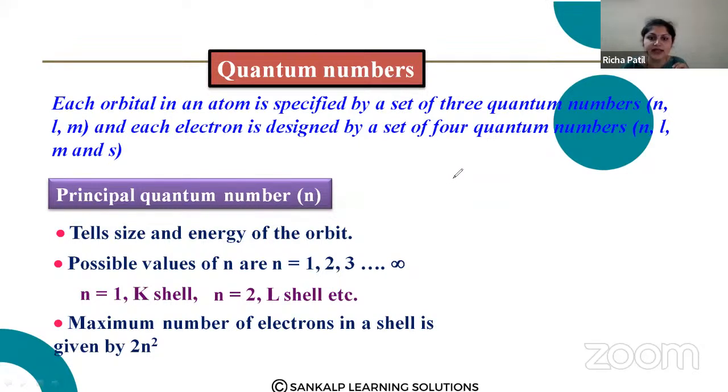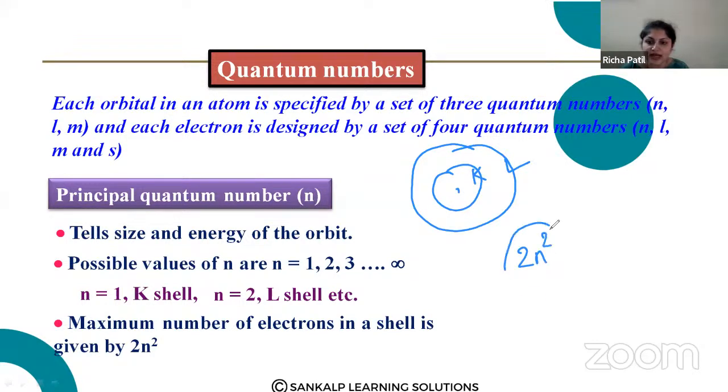When n is equal to 2, it represents the second main shell, L. So K, L, M, N, etc. As the n value increases, the size also increases. The maximum number of electrons in a shell is calculated by the formula 2n square.